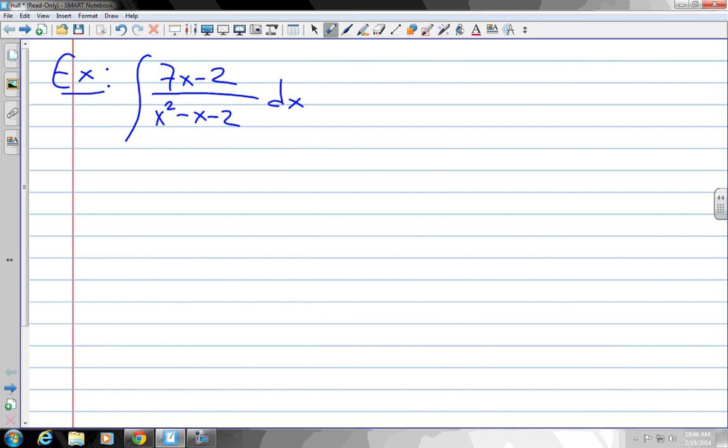But what if I tell you, and you've seen an example like this on your first lap, that the fraction with 7x minus 2 is the same as 4 over x minus 2 plus 3 over x plus 1? Just somehow I know that.